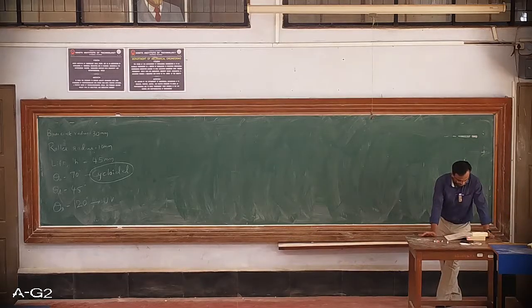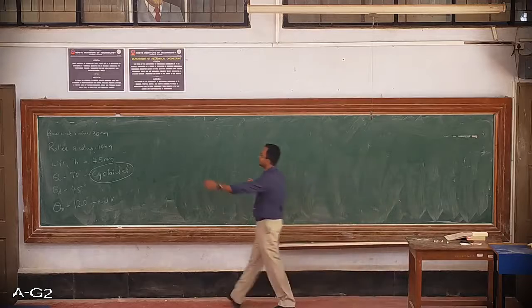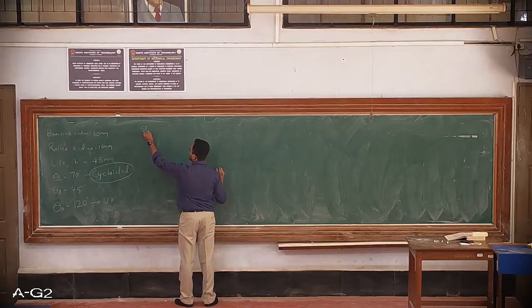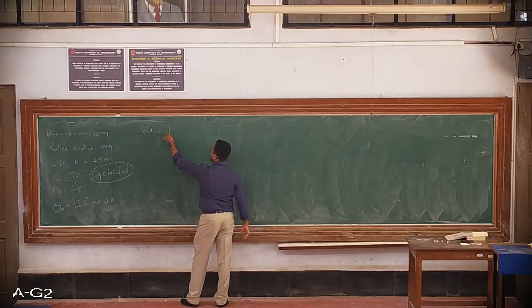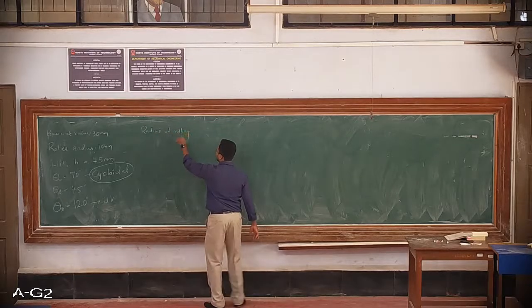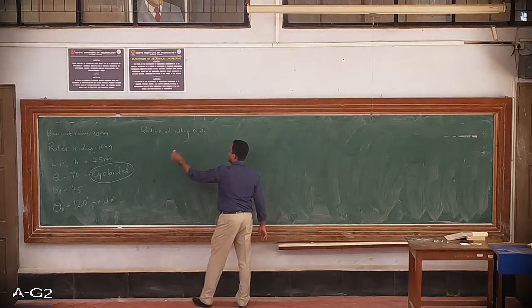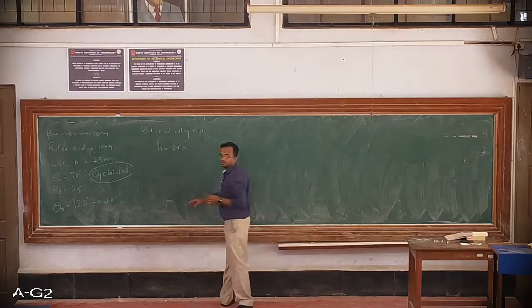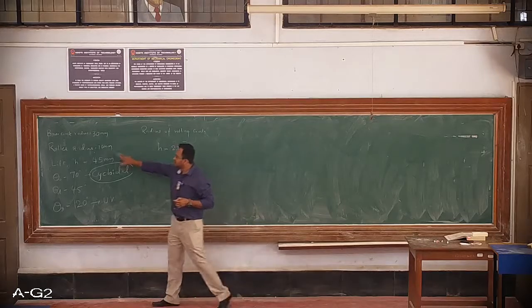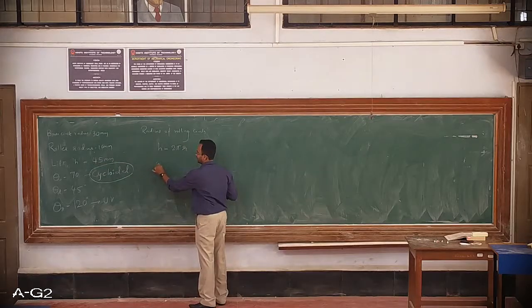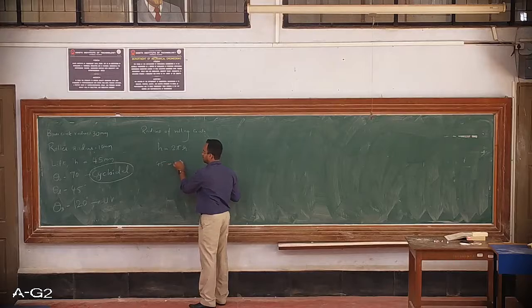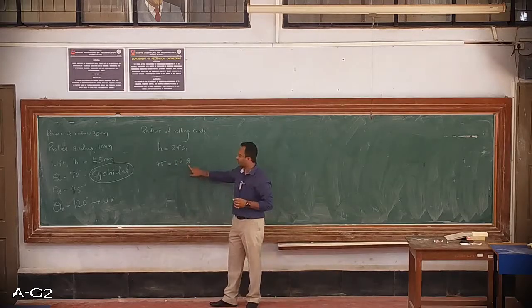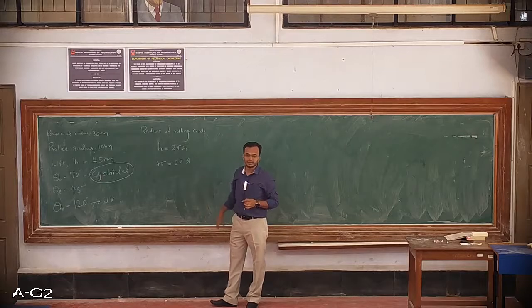So you can just write down the radius of rolling circle is given by h equal to 2 pi r, where h stands for maximum lift, which is given as 45, equal to 2 pi r, where r stands for the radius of rolling circle.